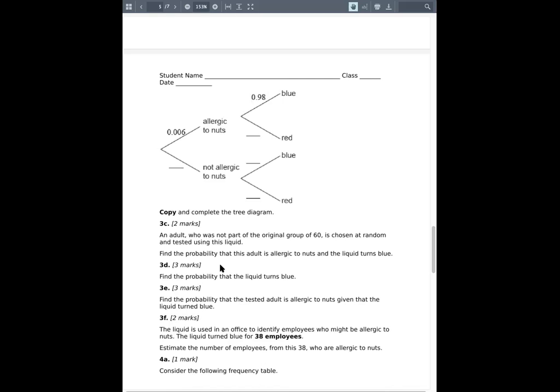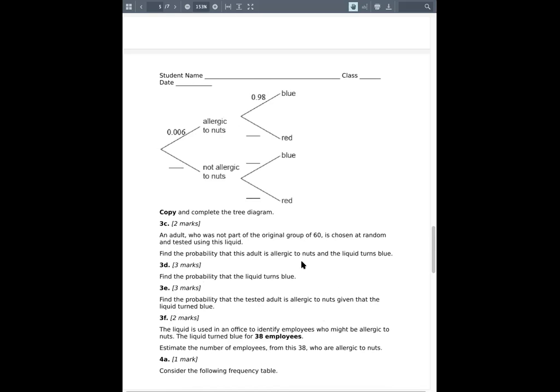Since it gives us the 2 conditions, we'd be dealing with 0.006 and the liquid turning blue, which is 0.98, and we will be multiplying both of these numbers. When you multiply them, you should get 0.00588, which is basically 6-fig form.